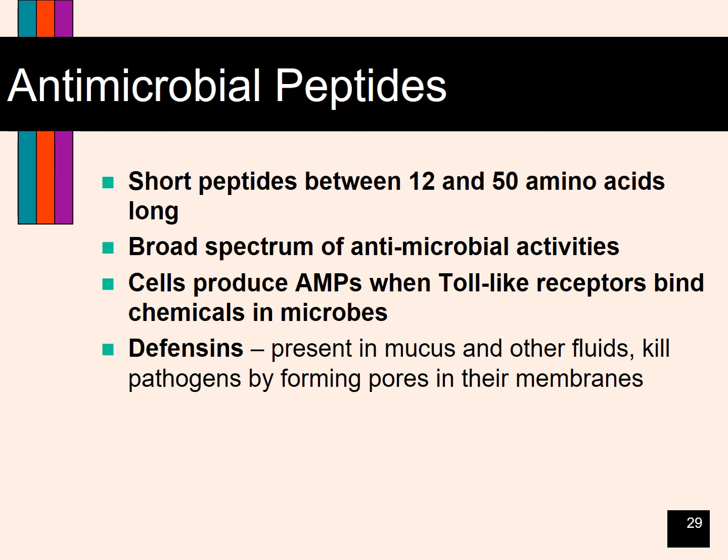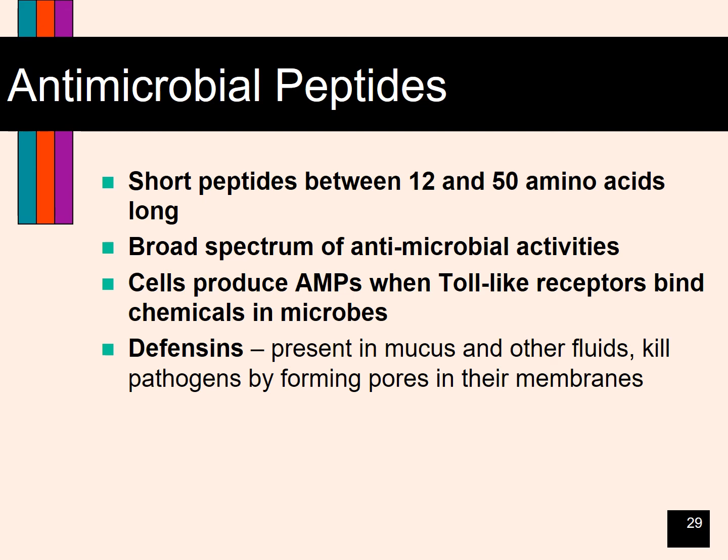So a peptide is a short protein, like I would say less than 50 amino acids long. These antimicrobial peptides can be between 12 and 50 amino acids long. They have a broad spectrum of antimicrobial activities. They also work together synergistically.